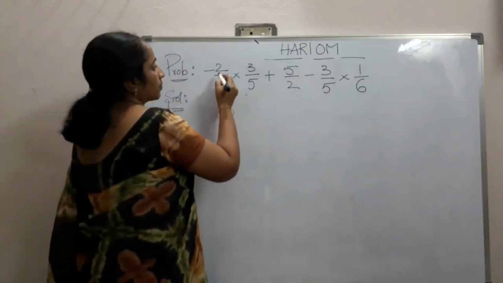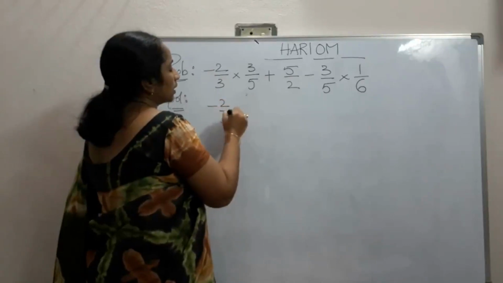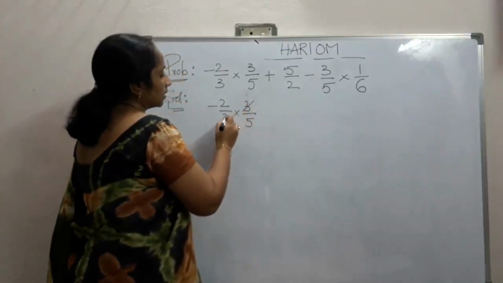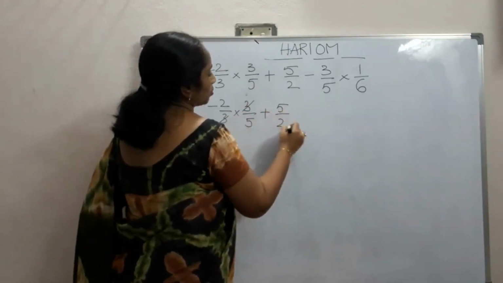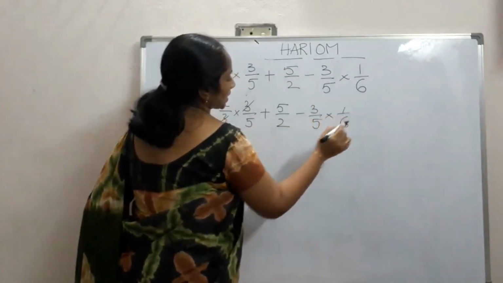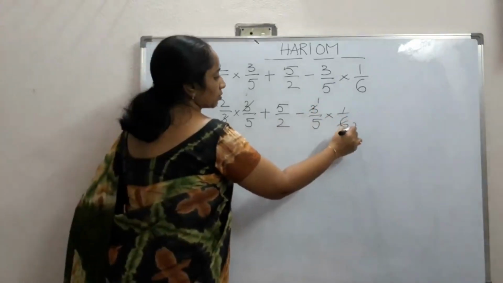Here it is minus 2 by 3 into 3 by 5, plus 5 by 2 minus 3 by 5 into 1 by 6. Again multiplication, so that 3 ones, 3 twos.